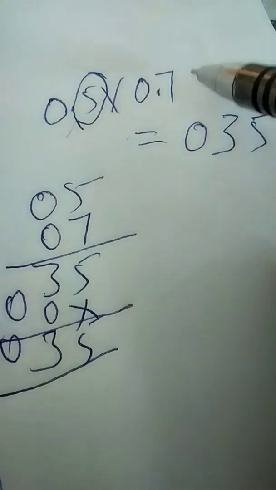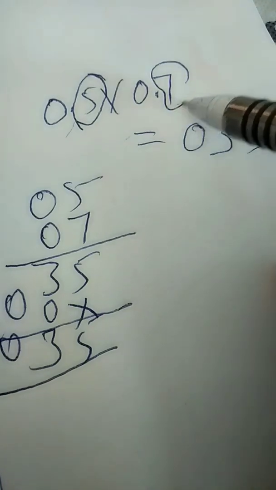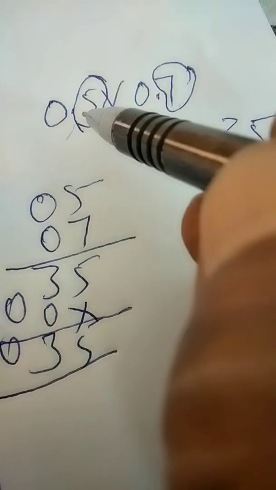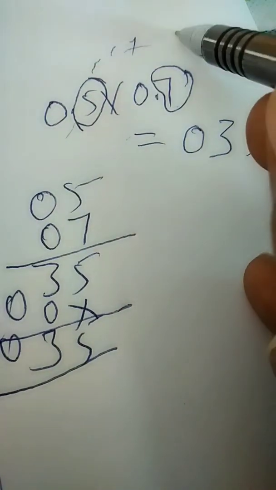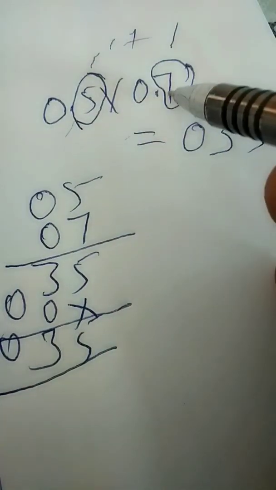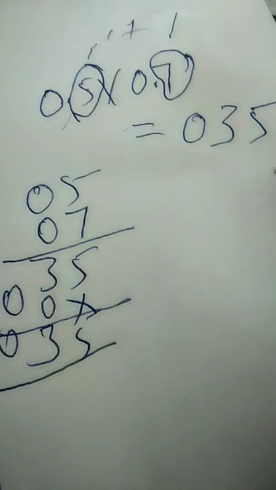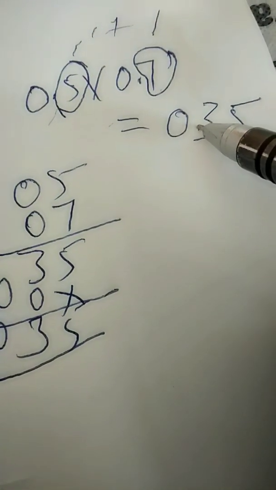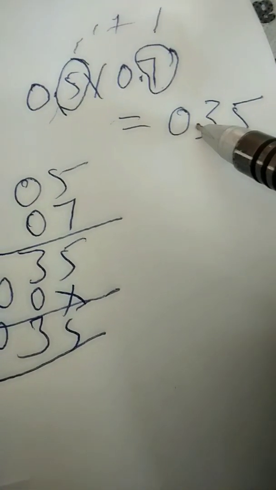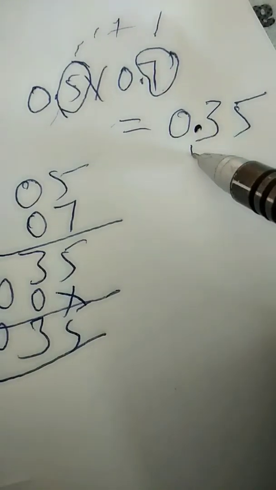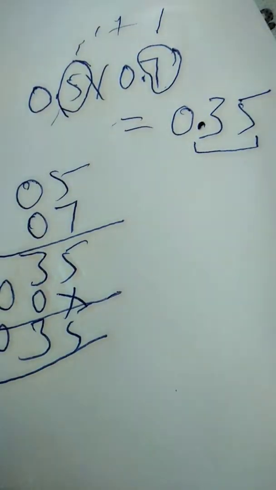One digit is here, one digit is here. So after the decimal, total number of digits: 1 here plus 1 here, 1 plus 1 is 2. Total digits are 2. So in the answer we must have 2 digits after the decimal.